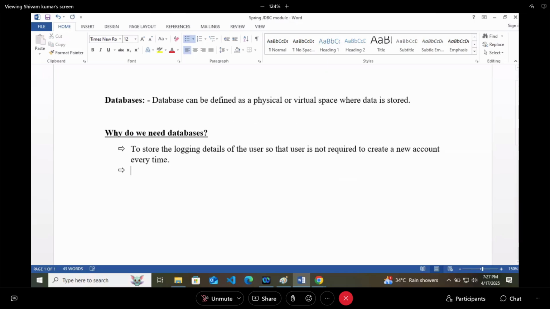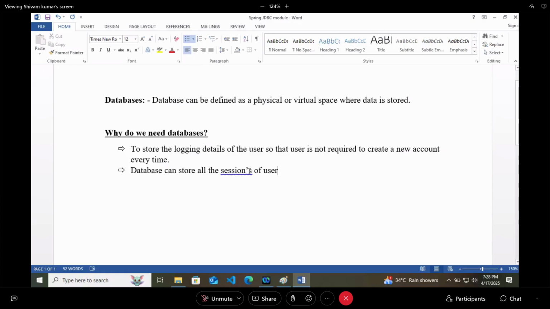What is the second important point according to you for why we need a database? Apart from the login details of the user, what can a database store? A database can store all the sessions of the user.